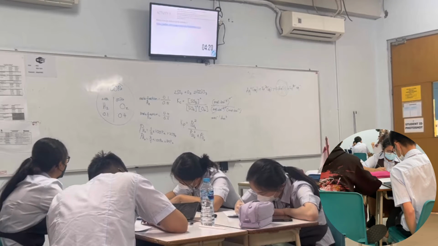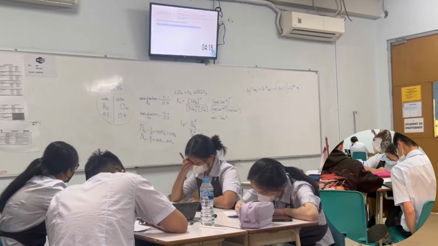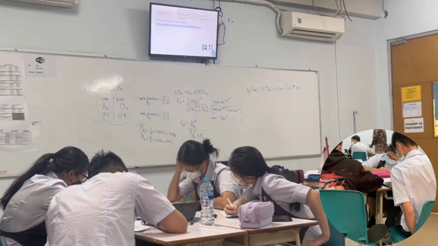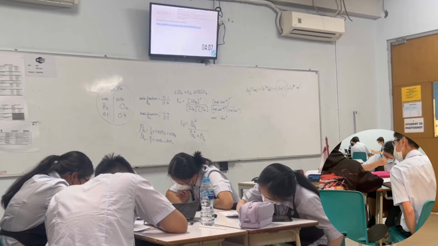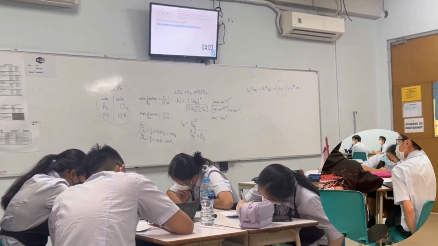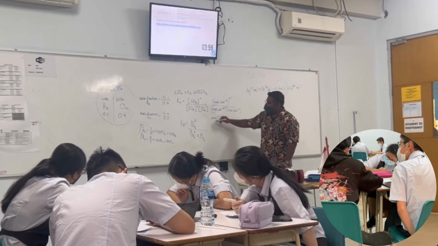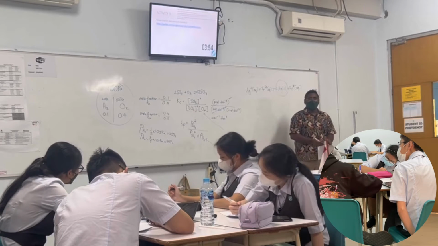For the Kc expression, you need to write like what I've written over there, the SO3. Can you see that? Kc equals SO3 bracket then 2. That is the expression. So guys, please take note. When they say write the Kc expression or Kp expression, you need to write this.